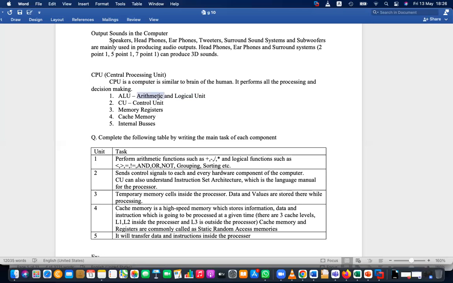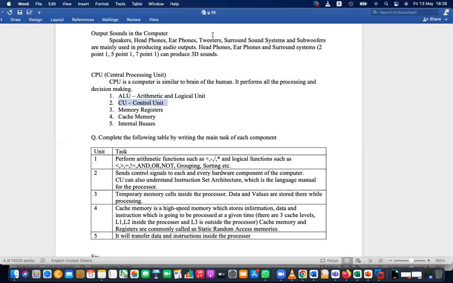The reason is the ALU performs mathematical and logical operations, whereas the CU controls everything: input, output, storage, memory, communication, whatever you are doing inside the computer will be controlled by the CPU. CU stands for control unit. It is like the traffic police.